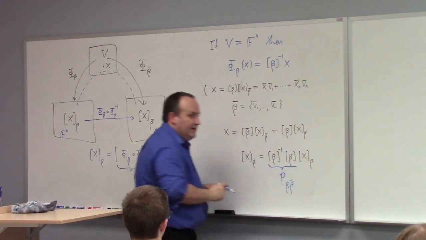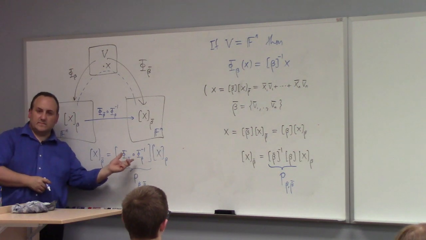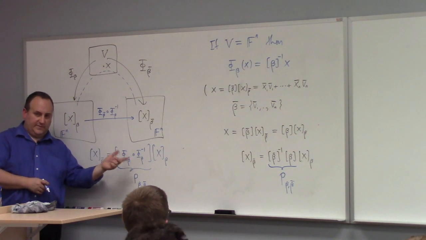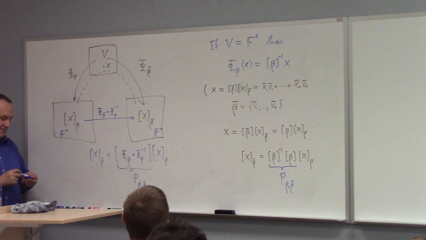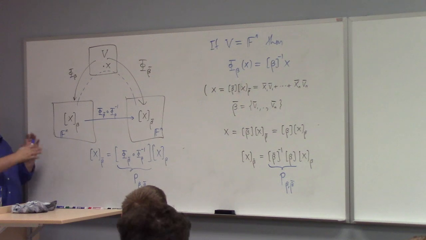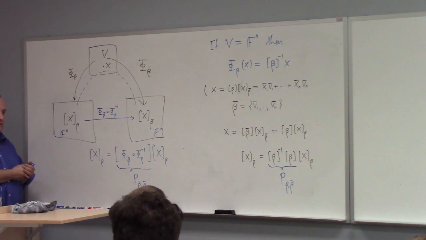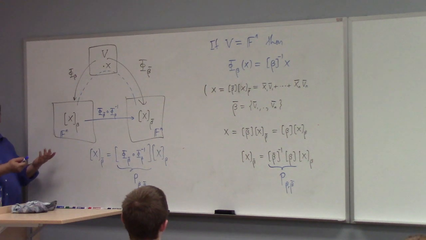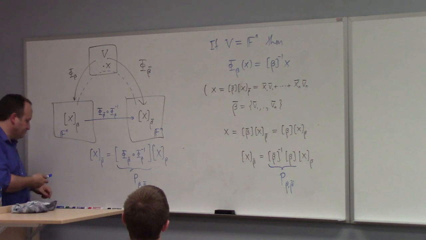But generally speaking, for an abstract vector space, you have to sort through this mess. I have an example in the notes where I do that. So this is how coordinates change for a vector. Then the next question you want to ask is, how do coordinates change for a linear transformation? Let's look at that.